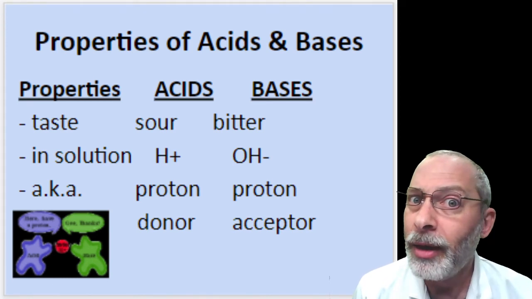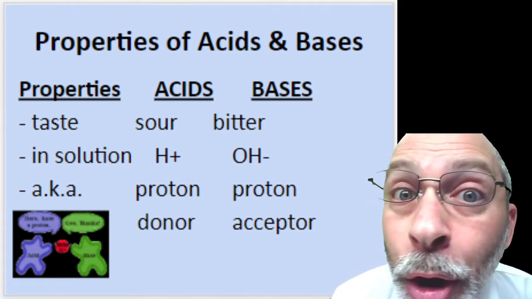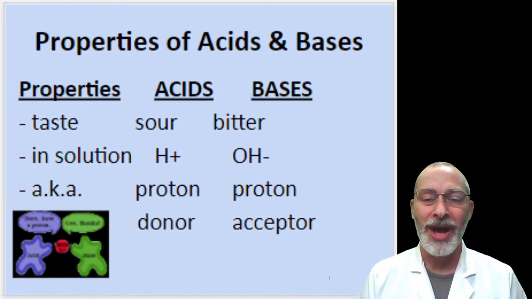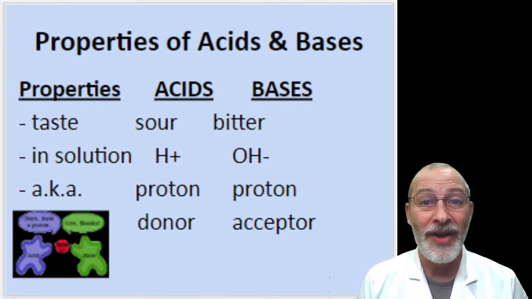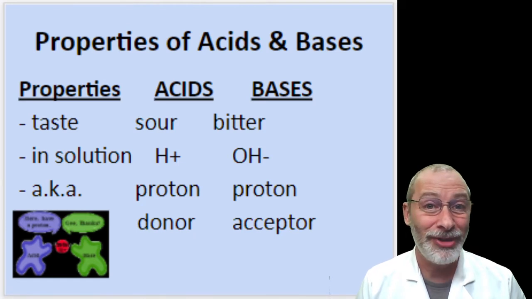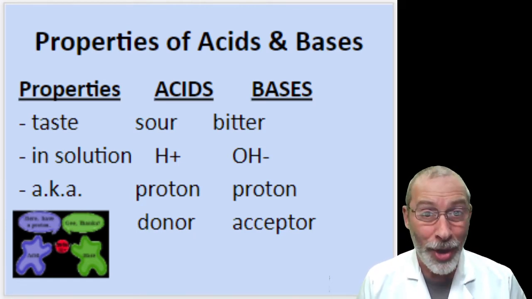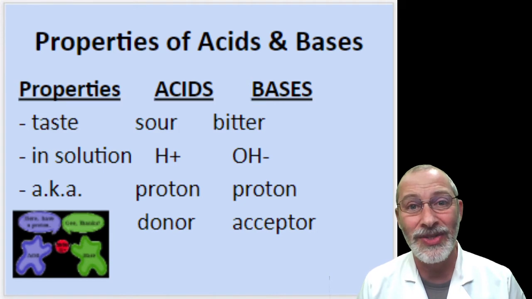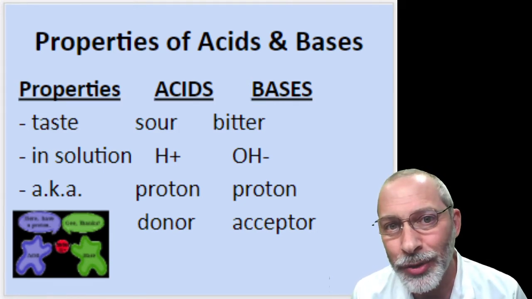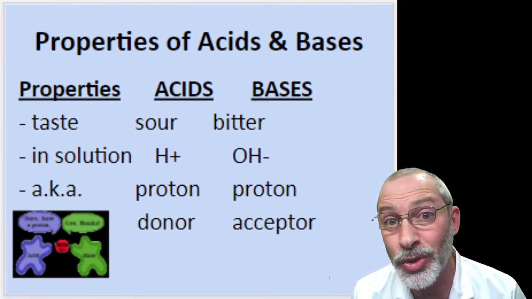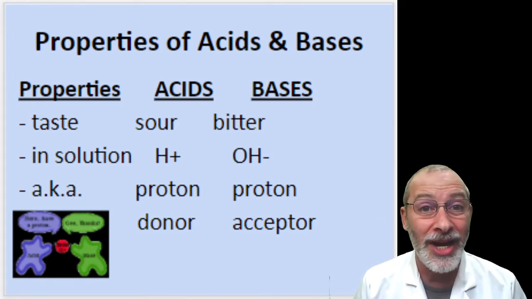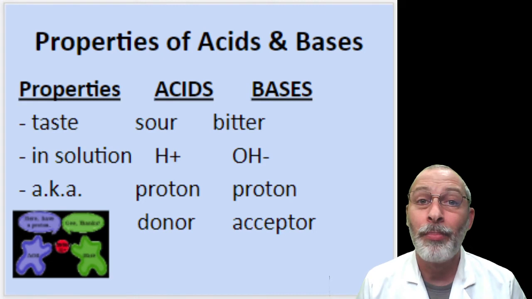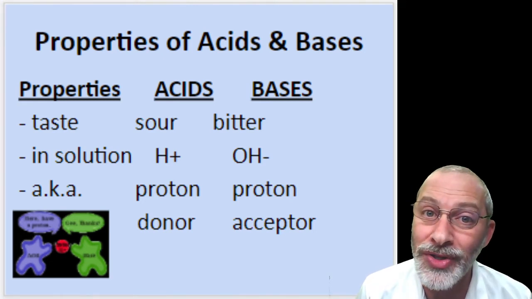Positive what? Proton. That's right. So a positive hydrogen ion is really nothing more than a proton. And I know there's a neutron there too, but we're ignoring it for the time being because we're just thinking of charges. So the only thing that's left is a proton. That's why acids are known as proton donors.